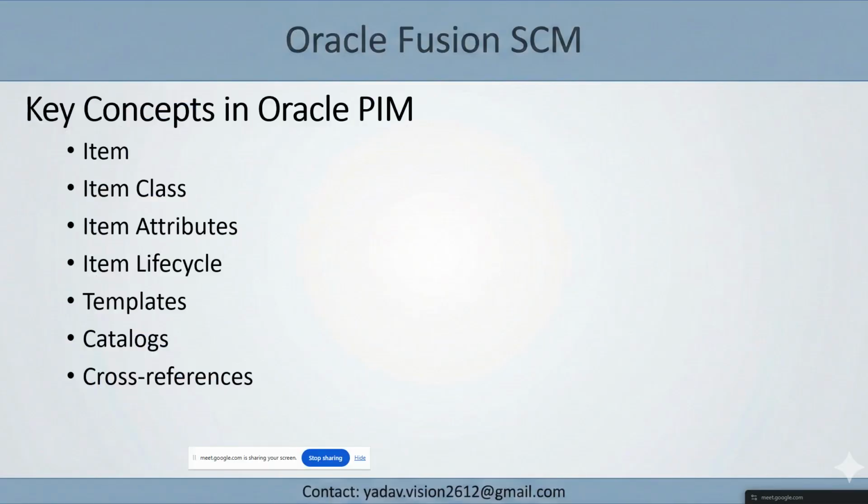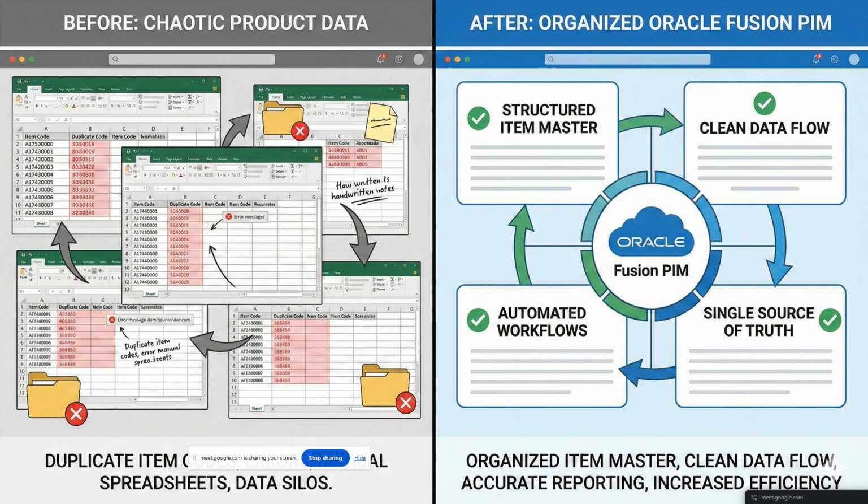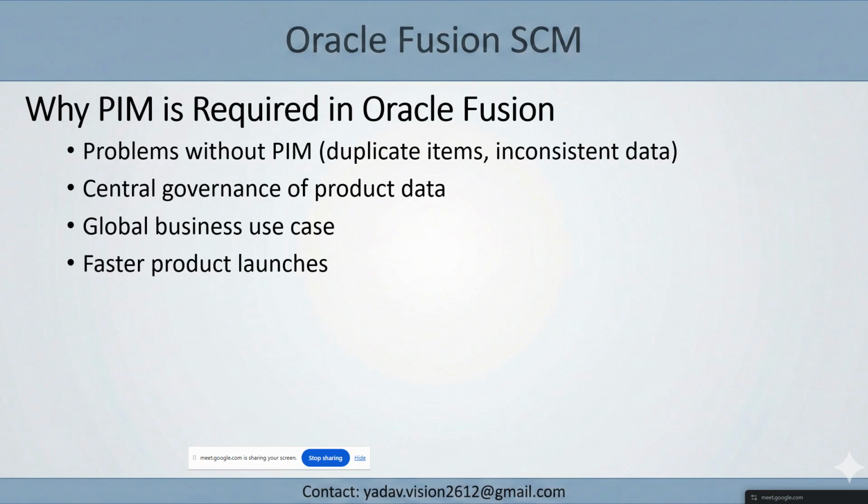These are the key concepts: the items you create, item classes, item attributes, item life cycles, templates, catalogs, and cross references. This is all in Oracle PIM. It will be structured and will increase the efficiency of handling items. And why do we require Oracle Fusion?